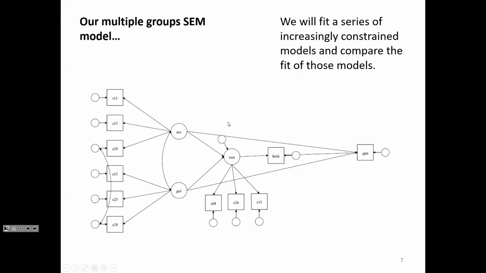Where it says intercepts are held equal by default, and then in brackets S08, S11, S13, S15, S20, if you run with that line of code, it will kick you an error message. Just the bracketed part. It's held equal by default, but then I put it in there, and so it just gets confused, which is a change from Mplus.